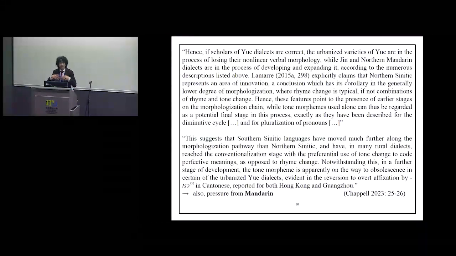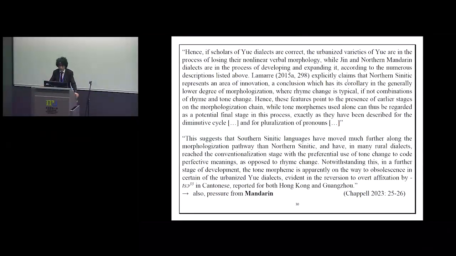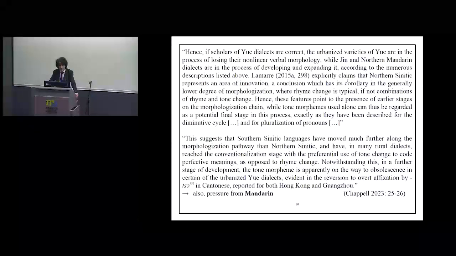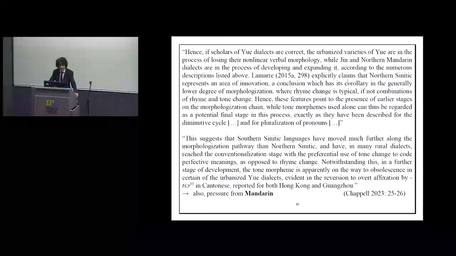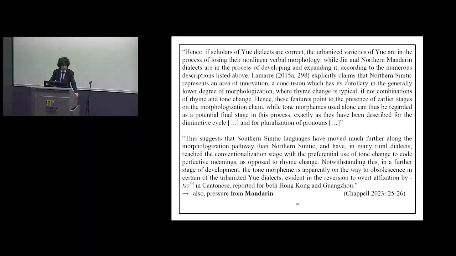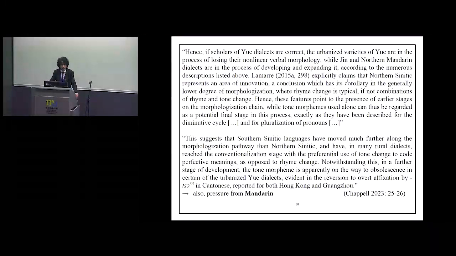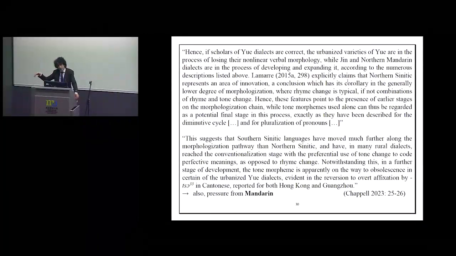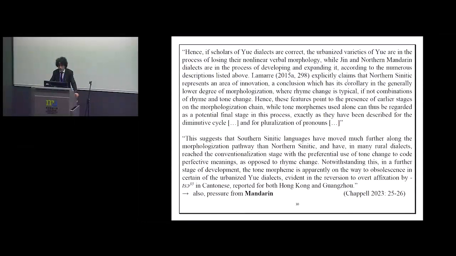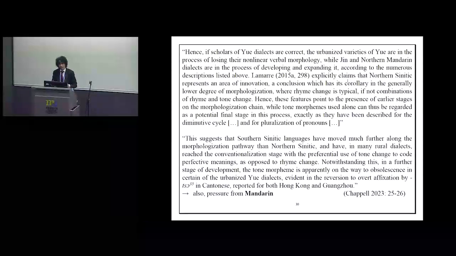You get different manifestations of it. So the impression that you get from looking at this is that in Yue this is something already more mature, let's say older, something on its way to disappearance, whereas in Northern Sinitic you have it more as an innovation.